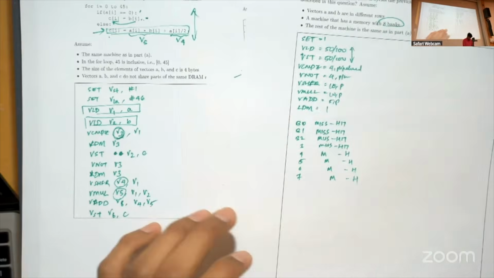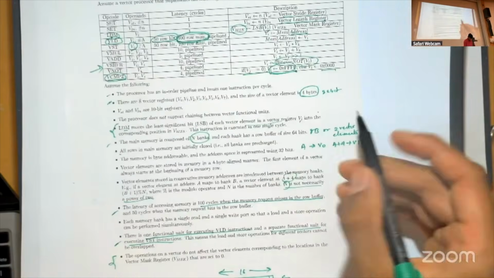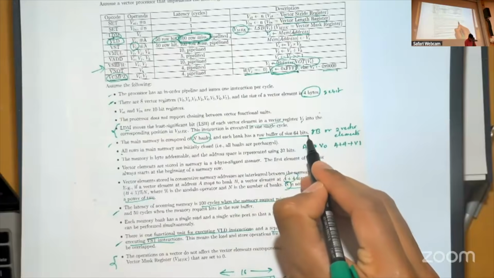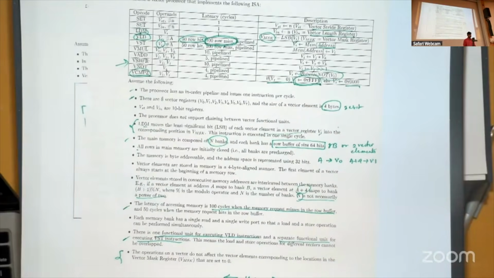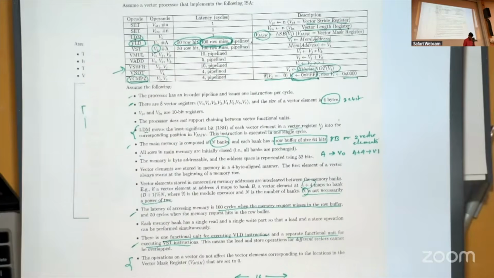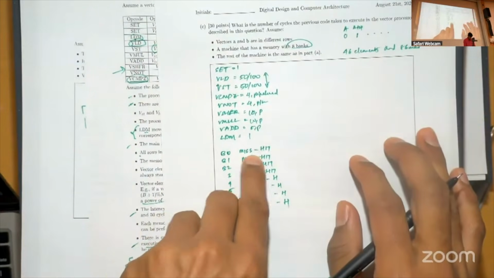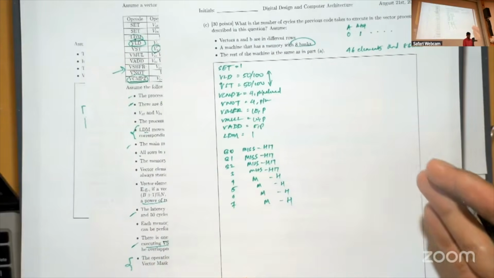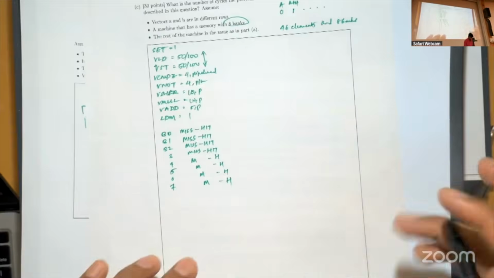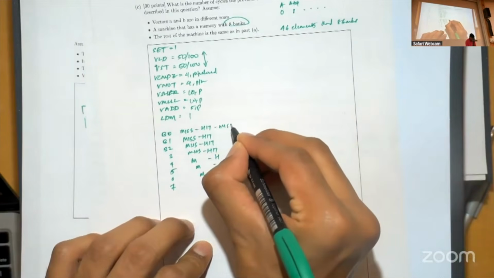However, we know that our row buffer size is 64 bits, which is really 2 vector elements. Therefore, after a miss and the subsequent hit, you will have to access a different row, which means that you will have another miss for all of these.